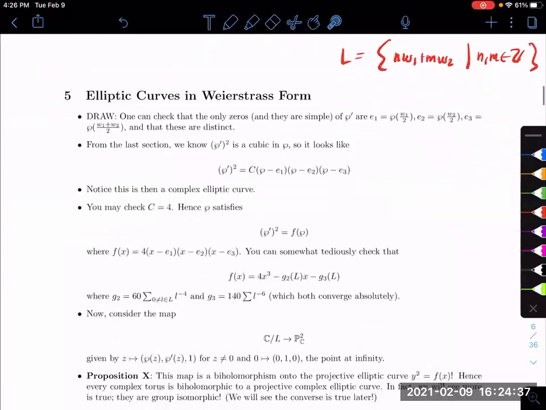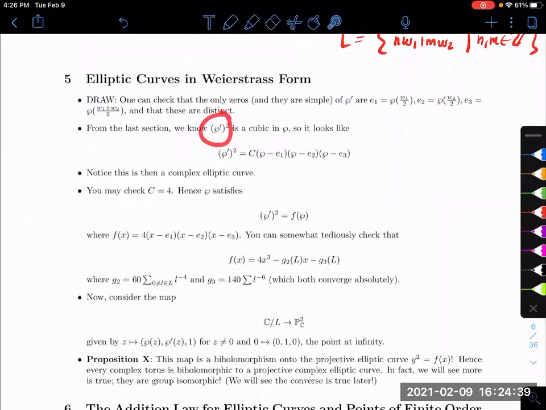So from above, we know phi prime squared is a cubic in phi, and the zeros of the right-hand side must be the zeros of phi prime. In other words, the cubic has to look like C, some constant, times (phi minus E1), times (phi minus E2), times (phi minus E3), where these are the zeros of phi prime.